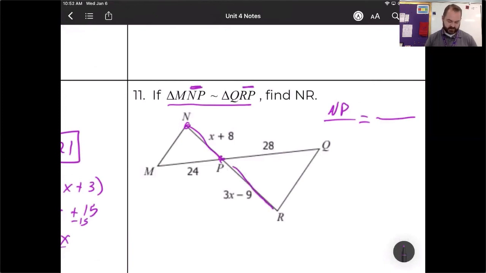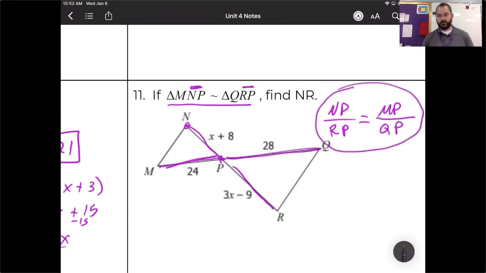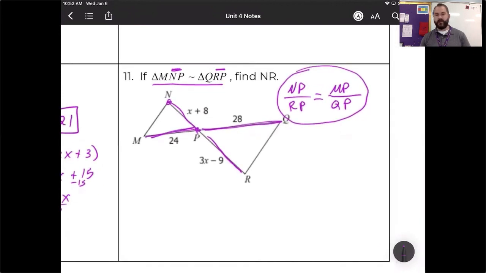So these kind of cross each other. That ratio must equal MP, which corresponds to QP. So we can fill in our numbers for this proportion, and that will help us solve that one if you're going to work on that problem.